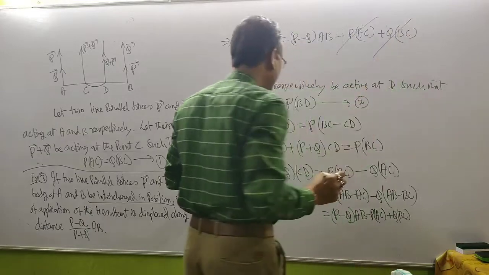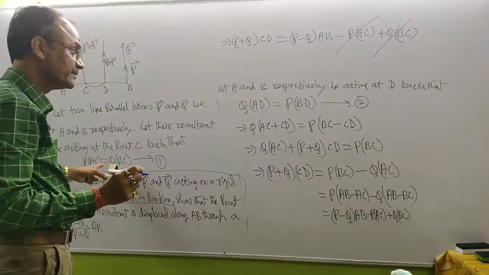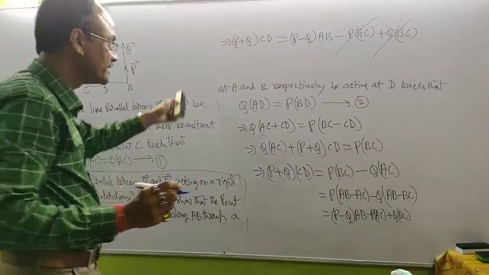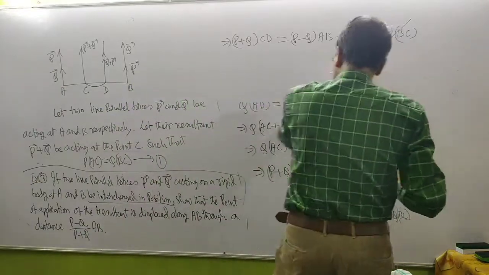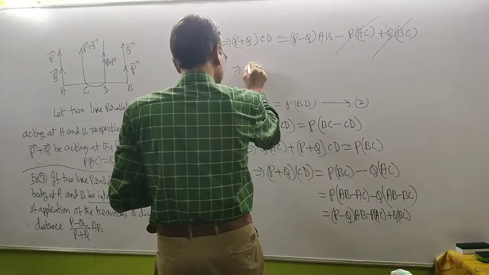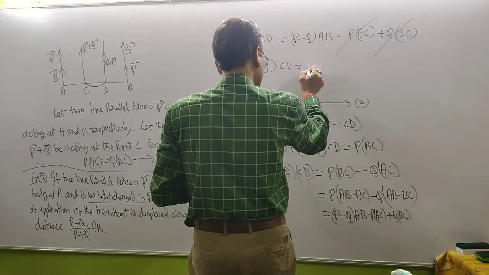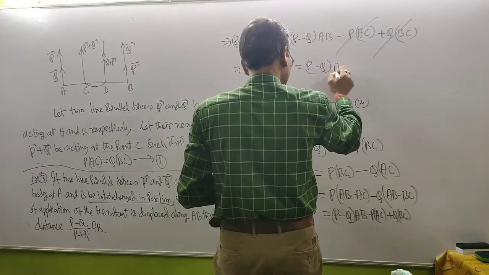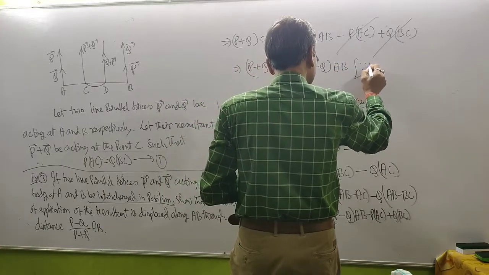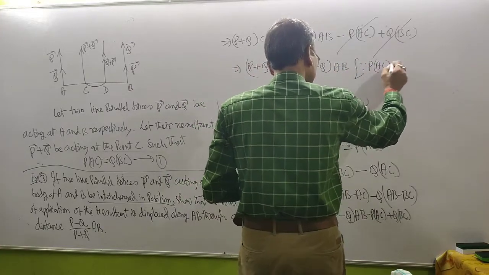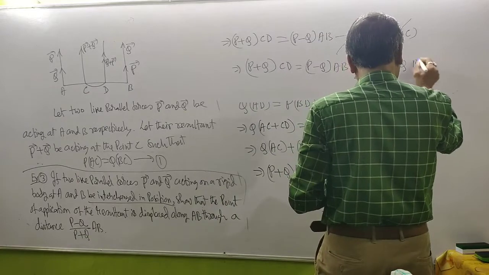Now by 1 it will be cancelled, P into AC equal to Q into BC by 1. This means (P plus Q) CD equal to (P minus Q) AB, since P into AC equal to Q into BC by 1.